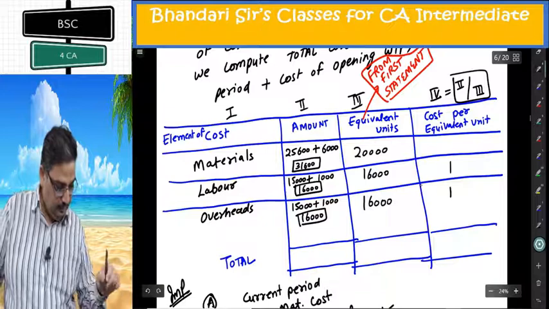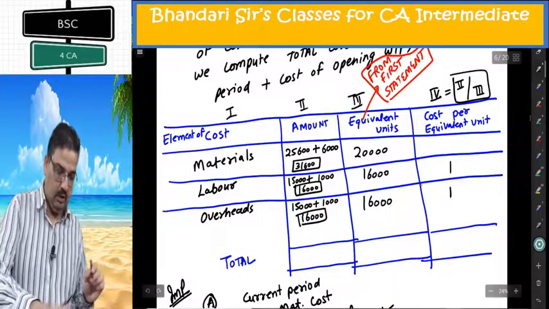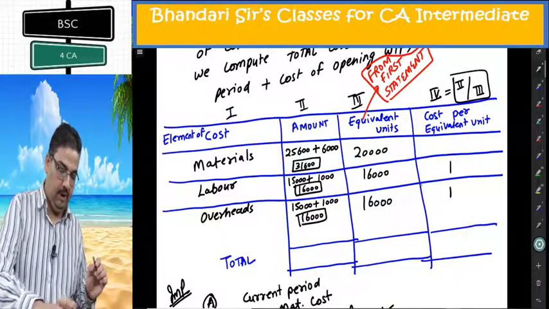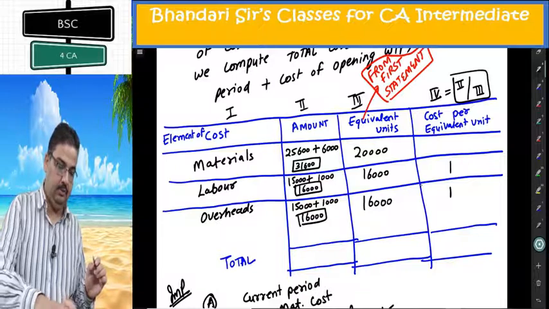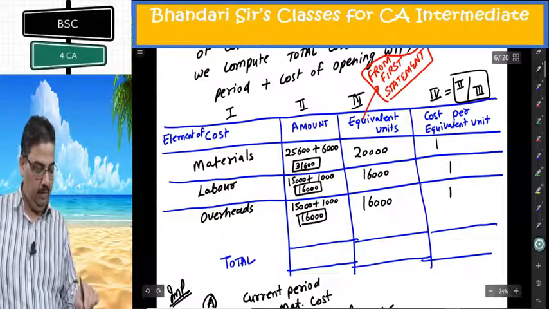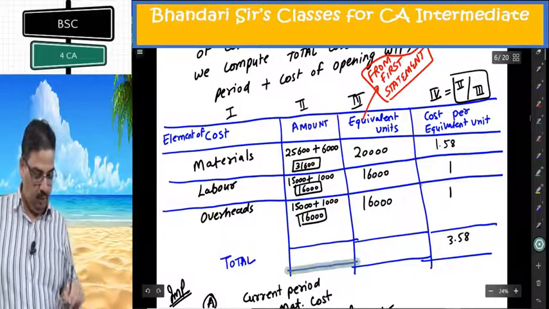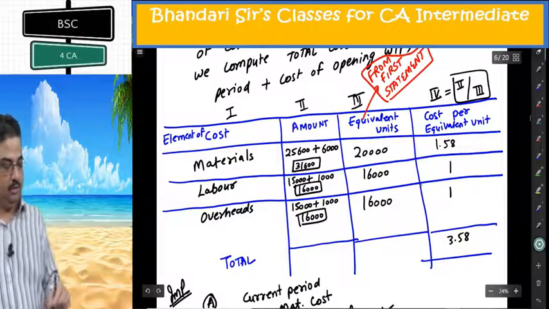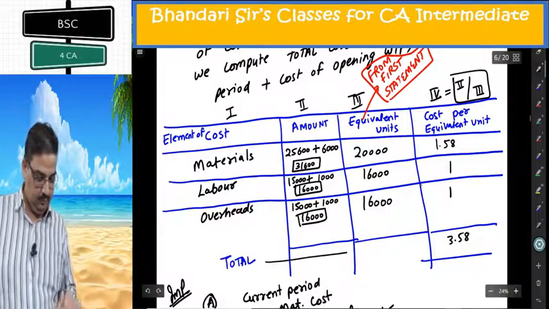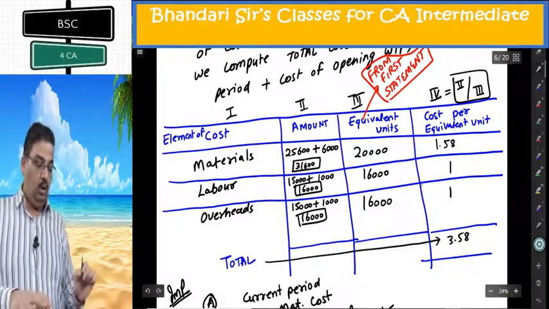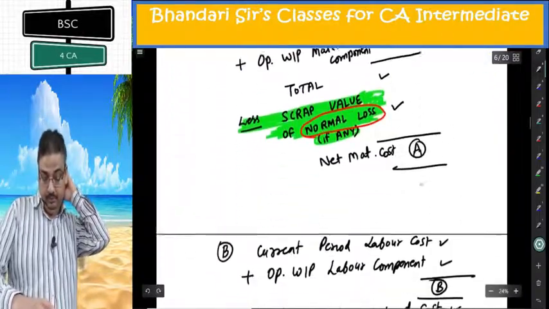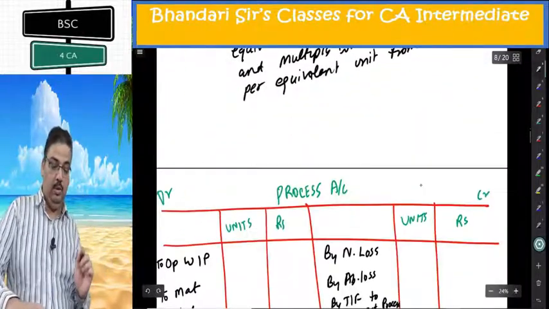I am getting 31,600 divided by 20,000. 1.58. I am getting total is 3.58. I don't need total of these. I need total of this only. Now two things need to be valued. What two things need to be valued?